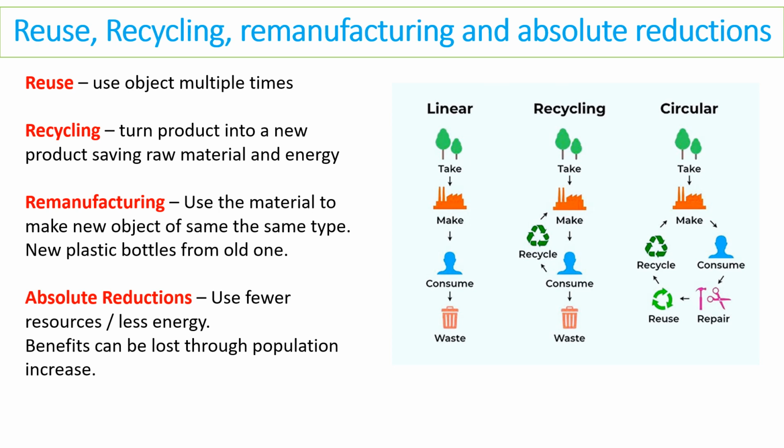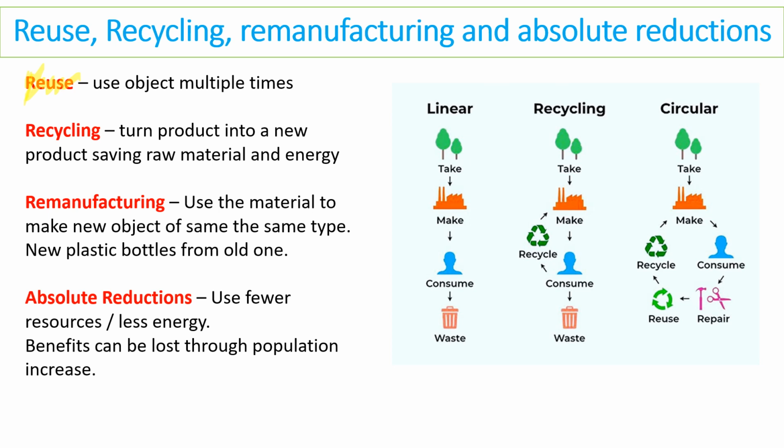One thing we can do to reduce our impact on the environment and therefore not reach our resource carrying capacity is by recycling or reusing. You need to know the key differences between these terms. The first term here is reusing. To reuse something is to use it multiple times. You might buy a bottle of Coca-Cola, drink it, refill it, drink it, refill it.